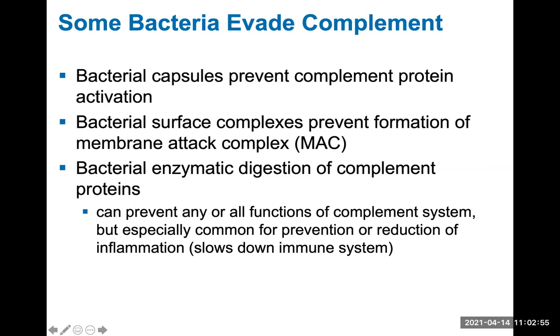So I cannot give you any too specific definition here, but what you have to remember is that it can prevent any or even all of the functions of the complement system, depending on which complement protein gets digested. Most commonly, we see that the enzymes are produced by these specialized bacteria.